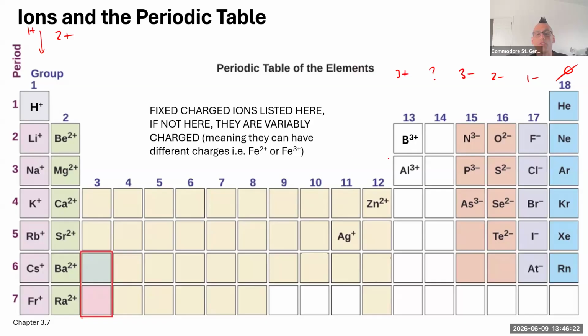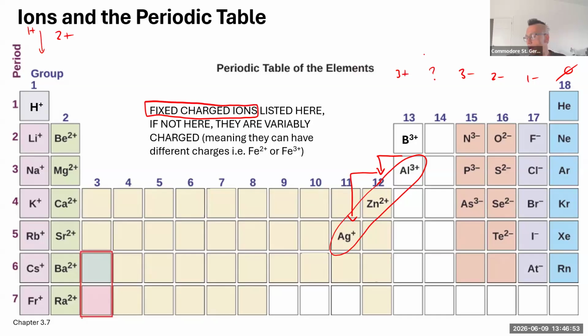This never has a charge. Two other atoms I want you to remember are zinc 2 plus and silver 1 plus. It's like a stair step, right? You start at 3 plus of aluminum, go down the stairs, you're now at 2 plus, and then you go down the stairs again, you're at 1 plus. So aluminum 3, zinc 2, silver 1. Okay, these are what are called fixed charge ions.